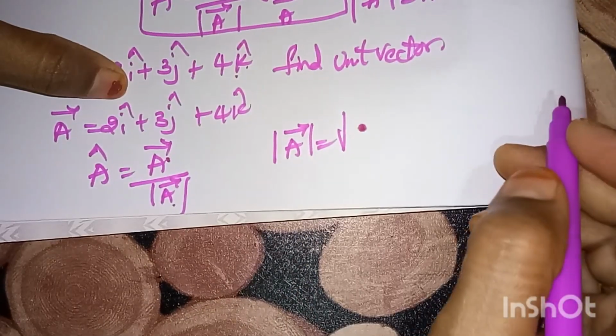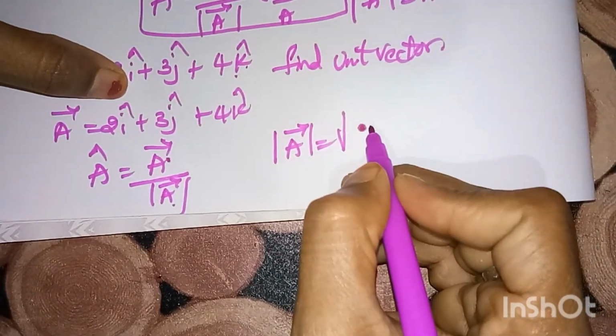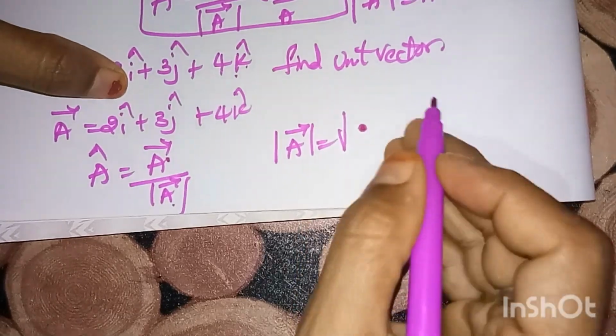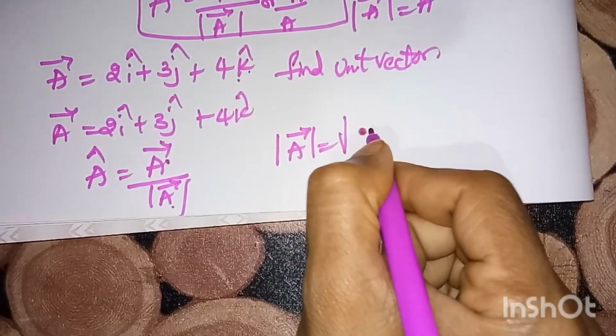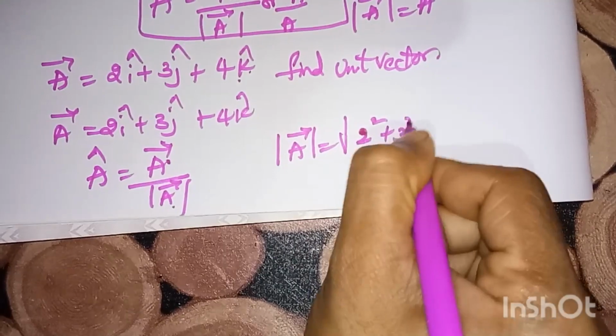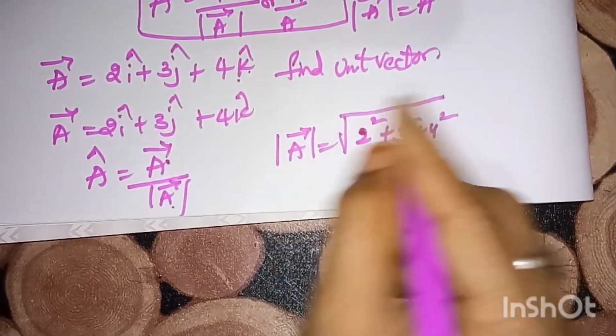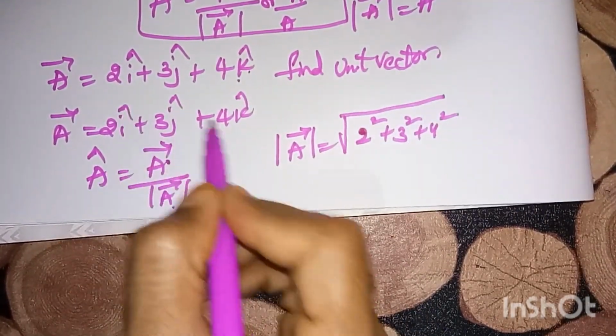How do we calculate the magnitude? It is the square root of the sum of squares of the components along the axes, that is 2 square plus 3 square plus 4 square. Why are we not considering i cap, j cap, k cap?